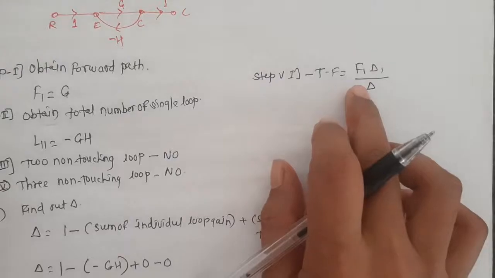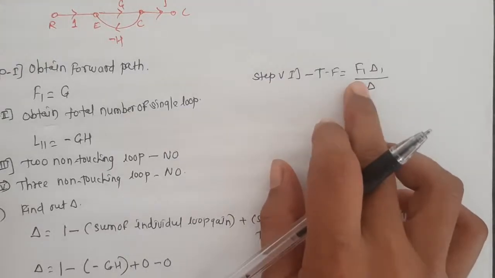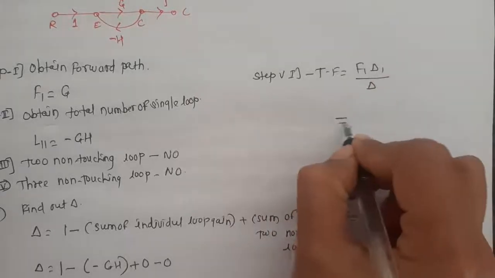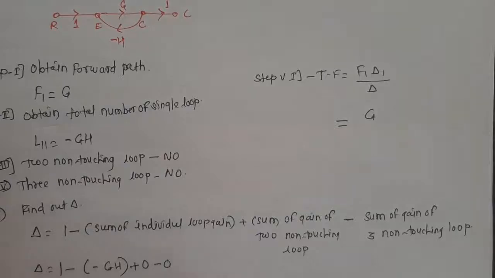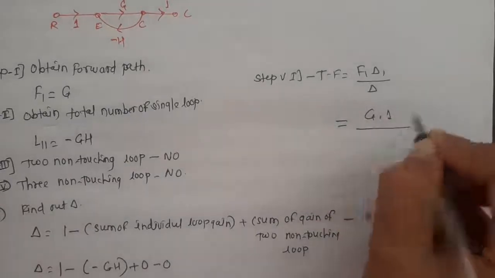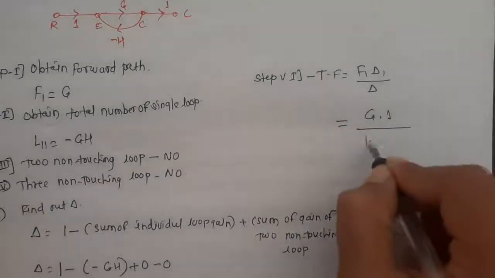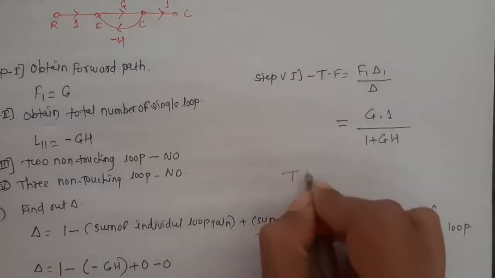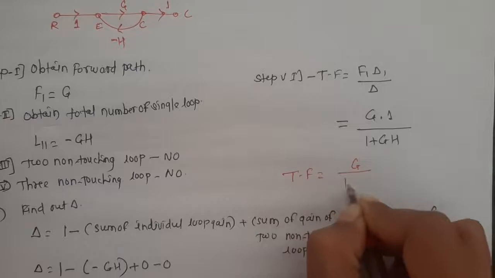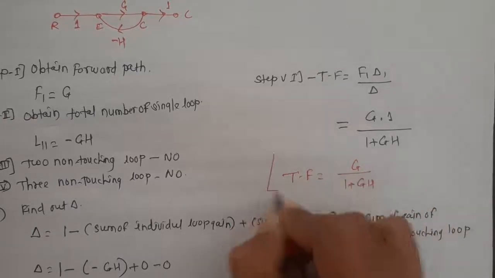But here only one forward path is present, so the formula becomes F1 Del 1 upon Del. F1 is G, Del 1 is 1, so G into 1, and Del is 1 plus GH. So our transfer function is G upon 1 plus GH.